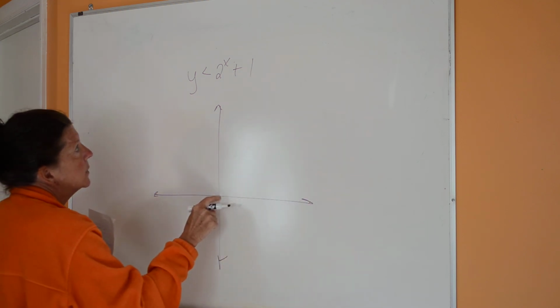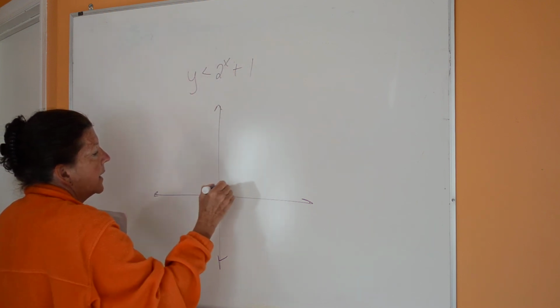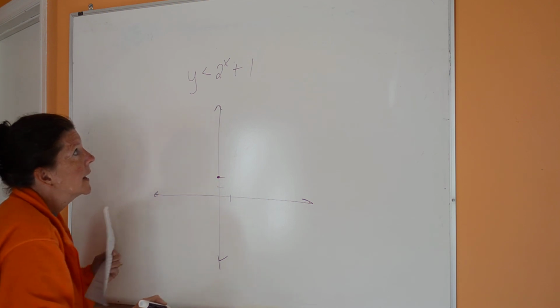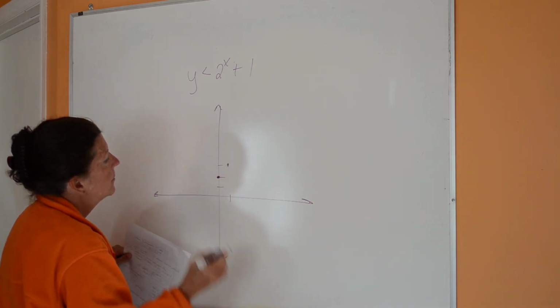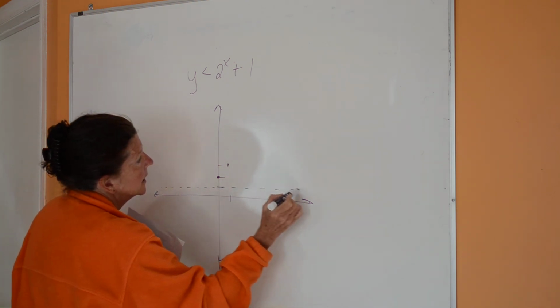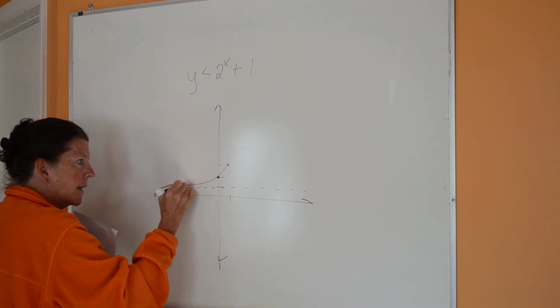Okay, if x is equal to 0, then I have, this is going to be 1 plus 1, so I have a 2. If x is equal to 1, then I have a 2 plus 1, or a 3. My 0 line is going to move up 1 because it's plus 1, so it's never going to cross that line.